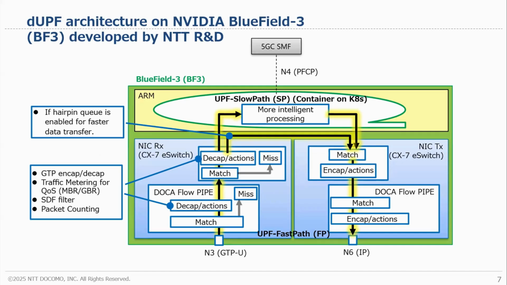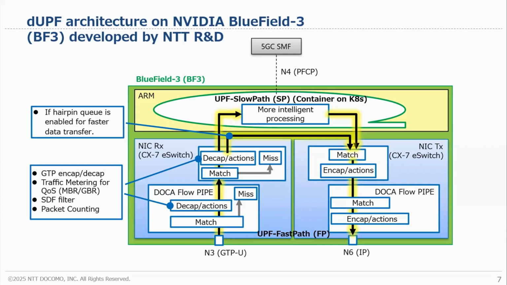The UPF slow path is a container running on the BlueField-3 ARM cores. The UPF slow path is responsible for data plane session control, cooperating with the control plane functions of 5GC through the N4 interface defined by the 3GPP standard.